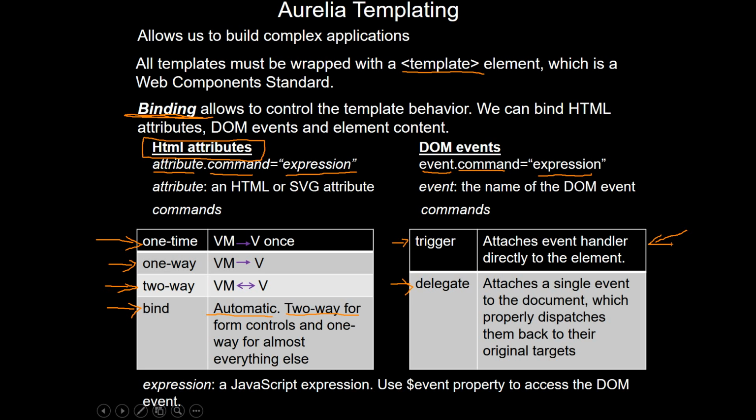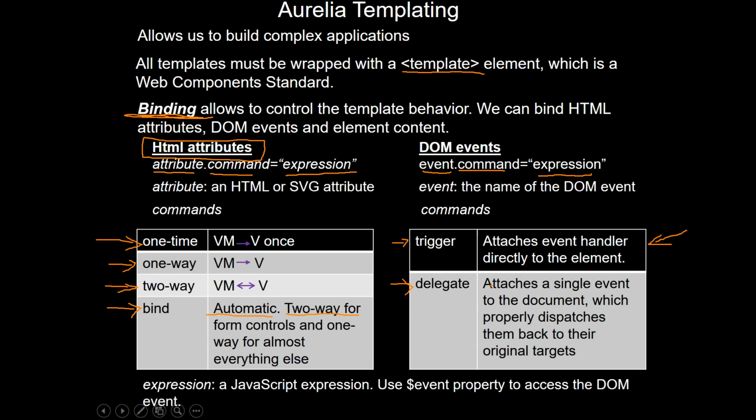For example, if you have a button tag and you say button click.trigger equals delete expression, the expression could be a JavaScript expression. And if you say call the delete function, that means the trigger is going to attach that event handler function directly onto that element, which is the button.